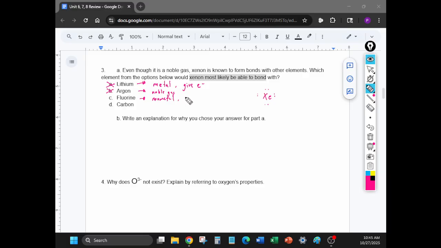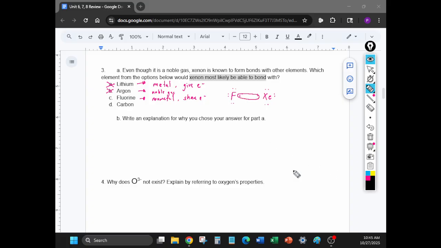Yeah, they share electrons. They form covalent bonds. Okay, so we got fluorine, which has 7 valence electrons. Xenon has 8. Okay, and so here we have a possibility because what it could do is fluorine can be like, hey, I'm going to share that one with you, and it's going to want to share an electron.